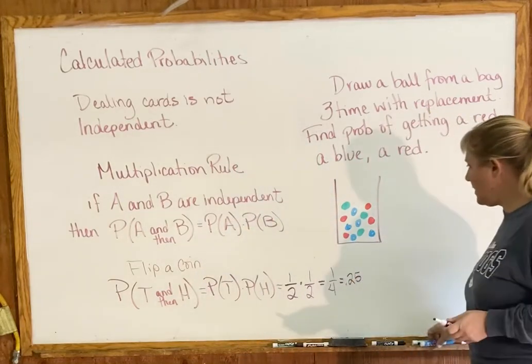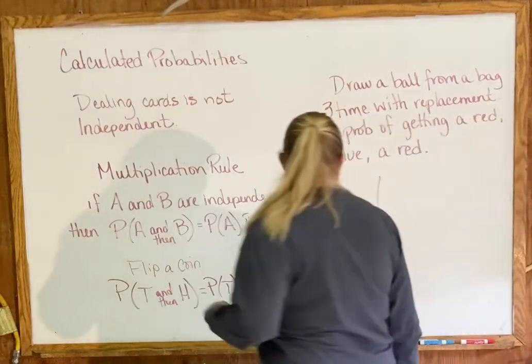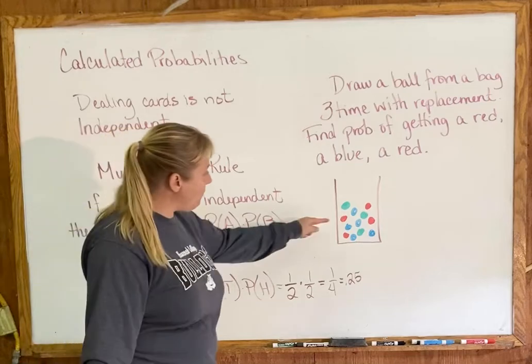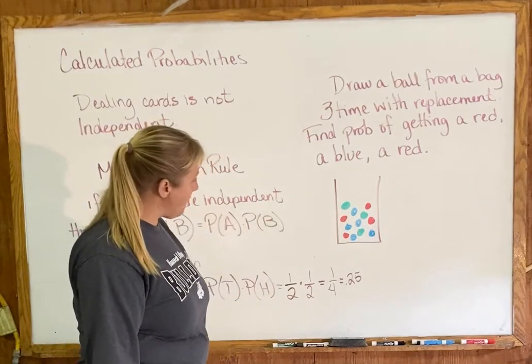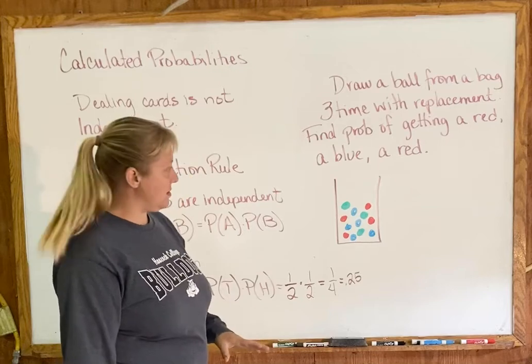Okay, so there is our bag, and we're gonna draw some balls out of this bag. For those of you that maybe this isn't clear, I've got 4 red balls in the bag, 3 green ones, and 5 blue ones.